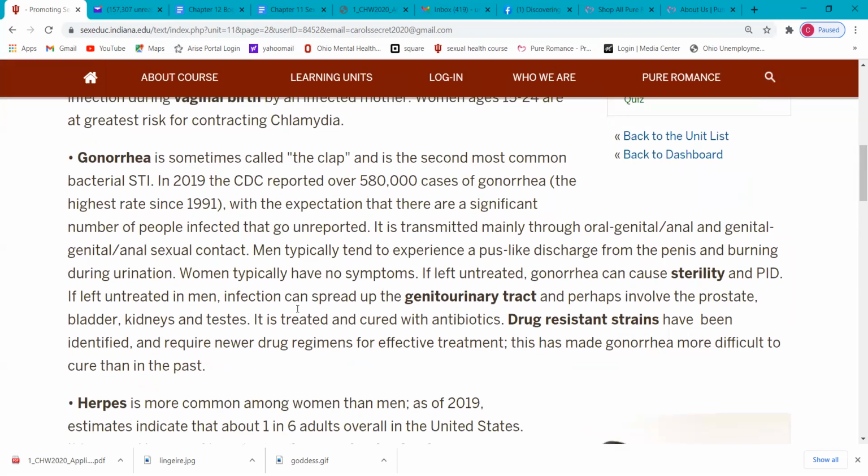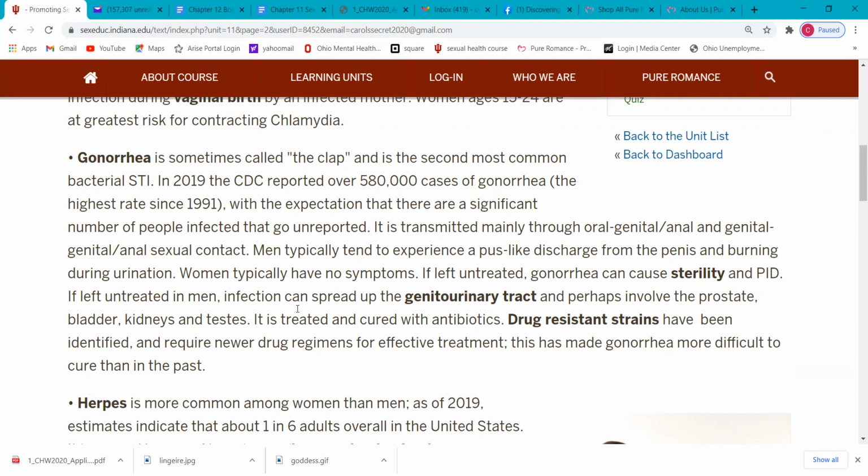Then the next one, gonorrhea, sometimes called the clap, is the second most common bacterial STI. The CDC reported over 580,000 cases of gonorrhea, with the expectation that there is a significant number of people infected that go unreported.